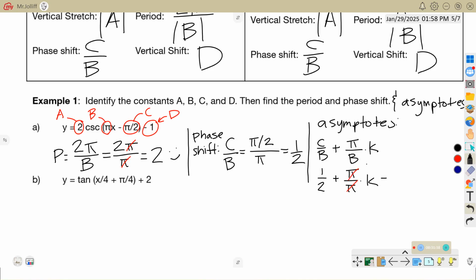So this is just 1/2 plus K. Meaning instead of my asymptotes being half pi, 1.5 pi, 2.5 pi, now it's just 1/2, 1.5, 2.5, 3.5. We've squished it down so that we're counting by ones instead of counting by pies.